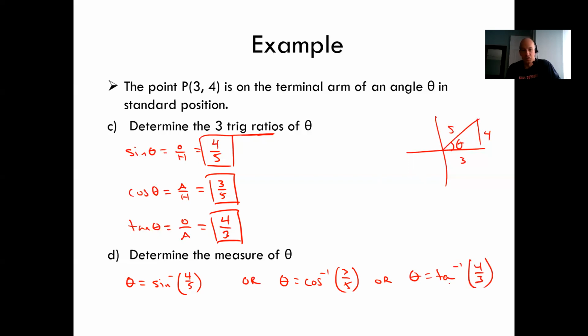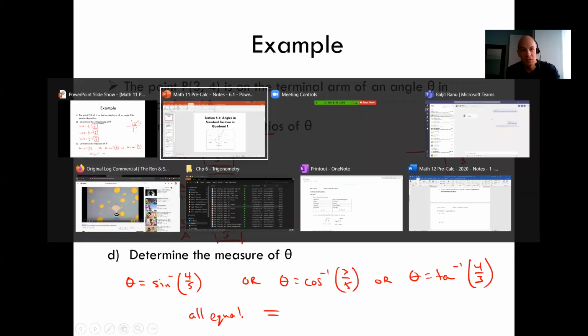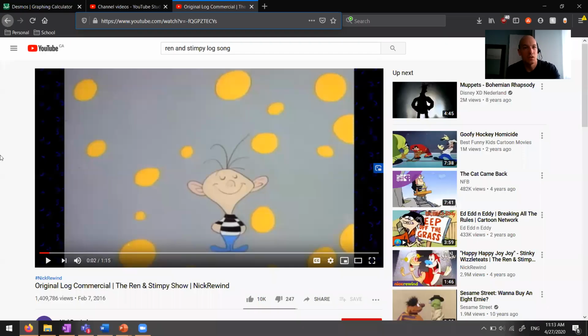And they should all give you the same answer. This is where you're actually going to need a calculator. I don't have one super handy, so let's see if I can jump over to this. Okay, well, don't worry. There's a reason for that.